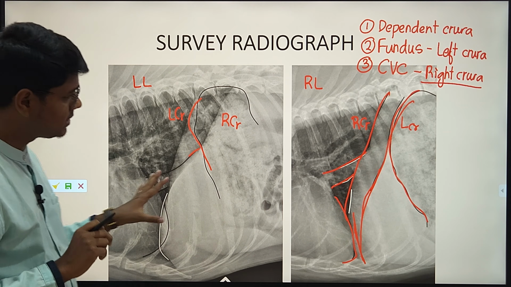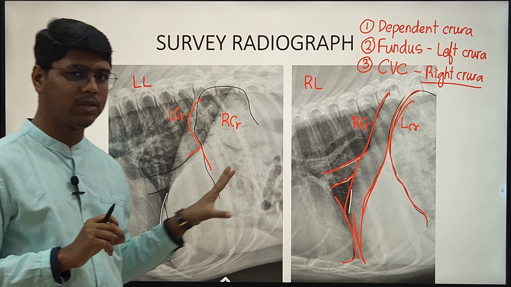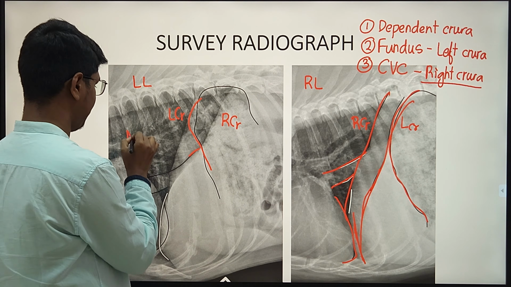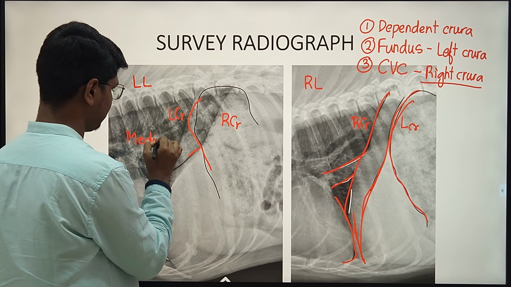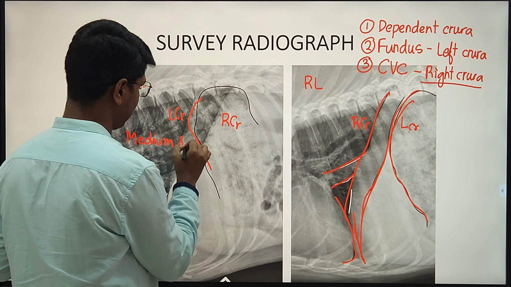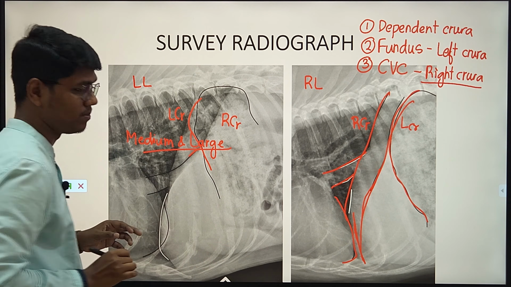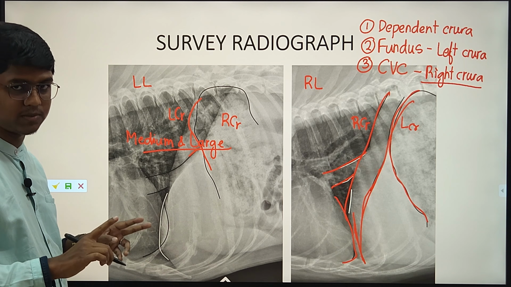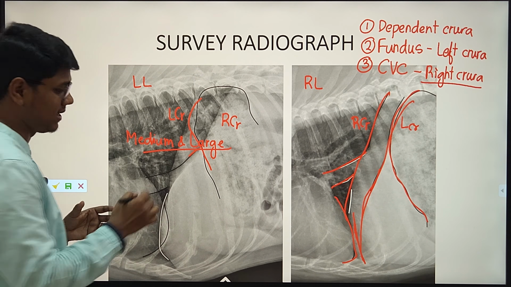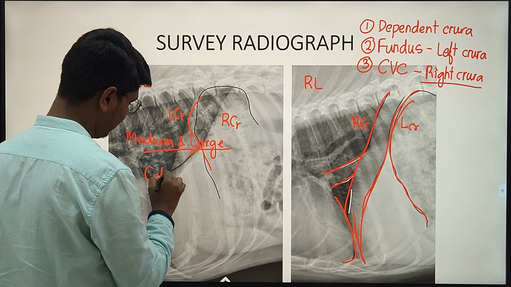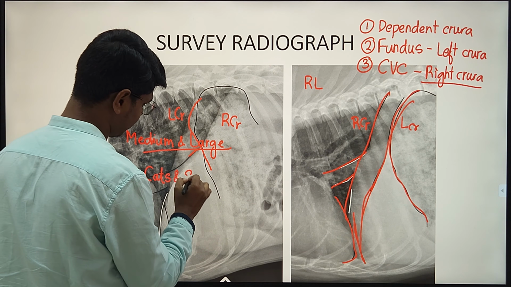But remember, these features will only be visible in medium and large breed dogs, but not appreciated in cats and small dogs.